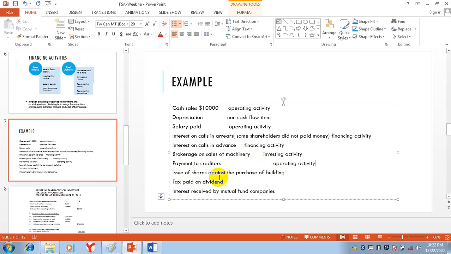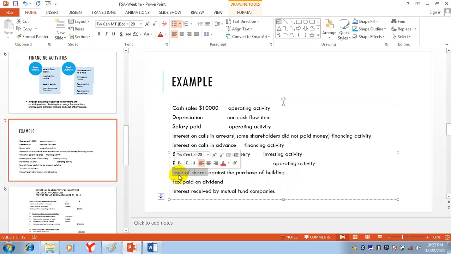Issue of shares against the purchase of building. We purchased a building, and for that purchase, instead of cash, we give them shares. We didn't pay cash.